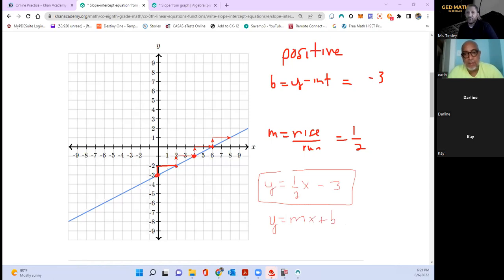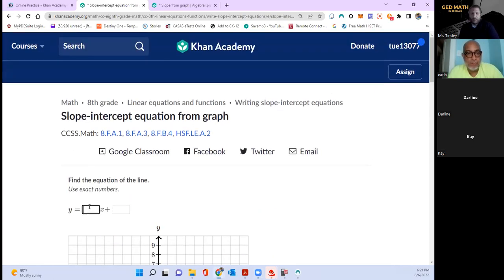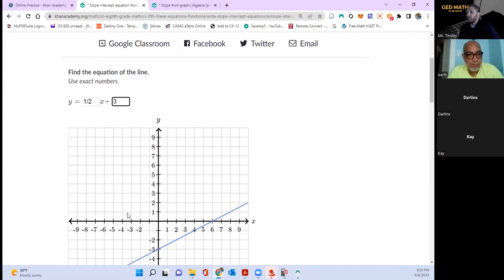So in Khan Academy, all you would do to put your answer in is put y equals 1/2 x plus -3. And then you would hit check.